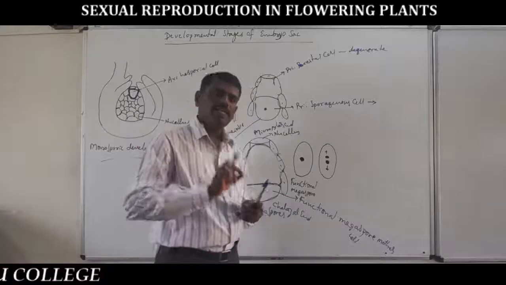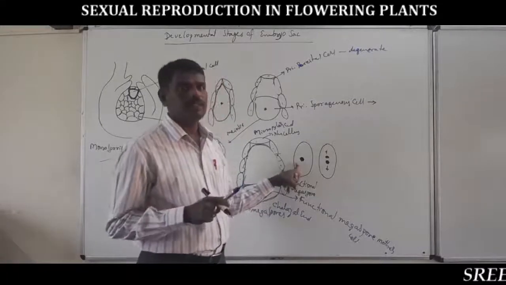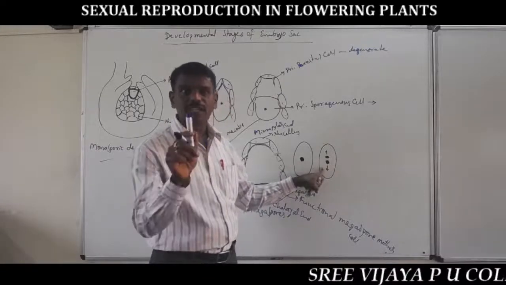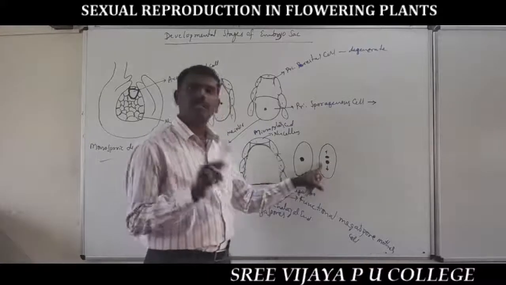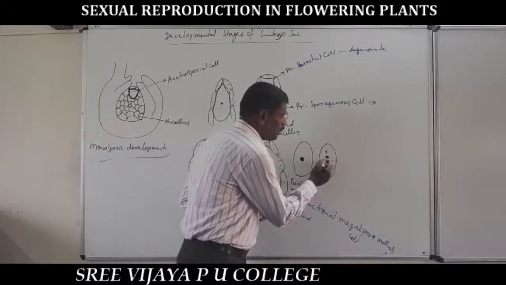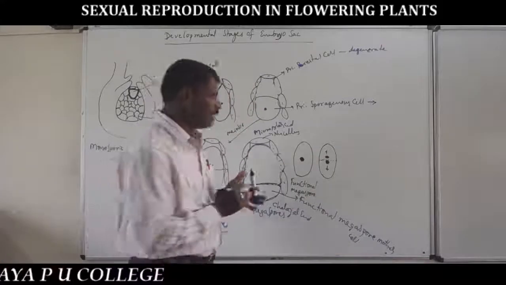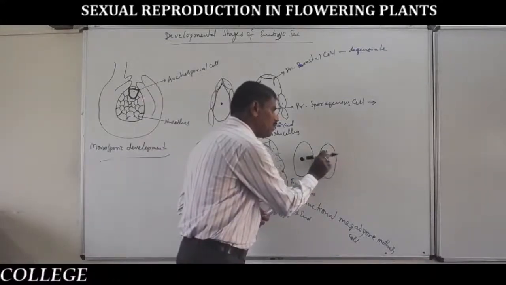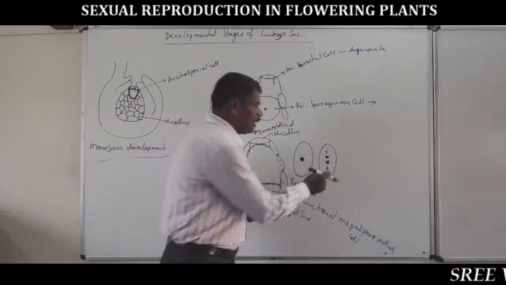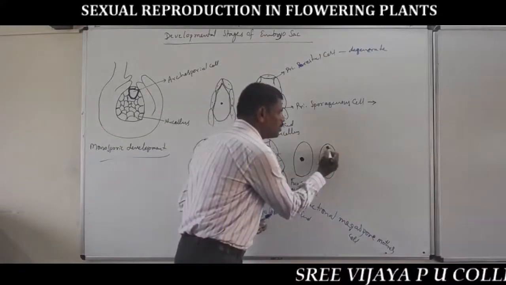One thing to remember here: when the nucleus is divided mitotically, it is not followed by cross wall formation. There is no cross wall formation. If cross wall formation happened, it would convert into two cells. But since there is no cross wall formation, each nucleus migrates towards a polar region.